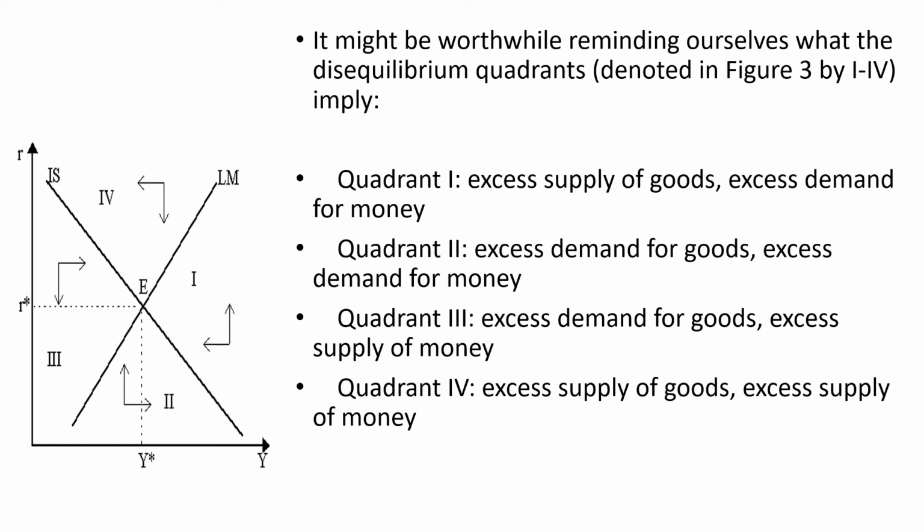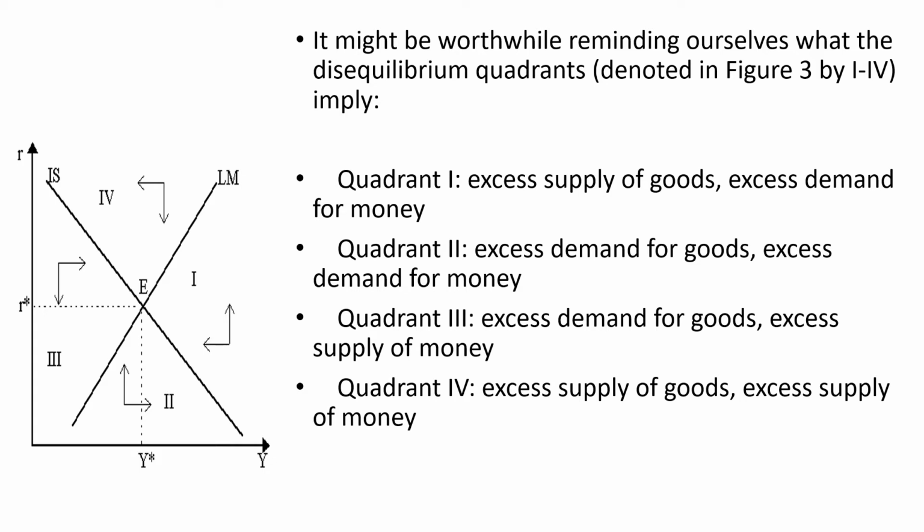So we will be able to get the equilibrium interest rate and the equilibrium level of income, which would put both the markets at a point of equilibrium.